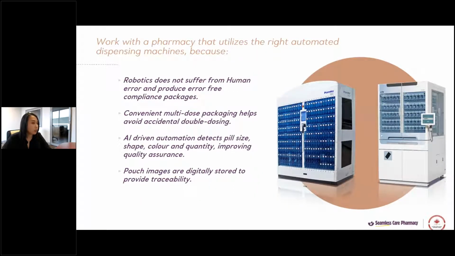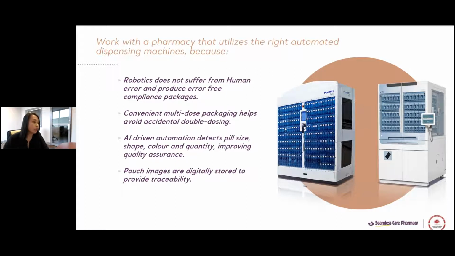So in Seamless Care Pharmacy, we utilize a lot of technology, and we do that in a manner because robotics really doesn't suffer from human errors, and it helps us produce error-free compliance packaging. It also provides us the ability to do a larger volume and give us the time and space to focus on the clinical needs of your clients.